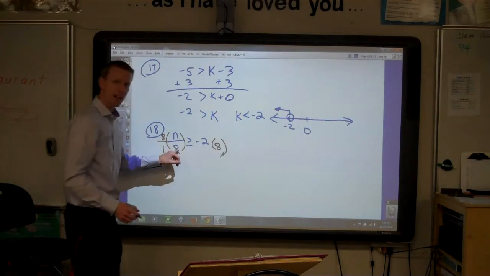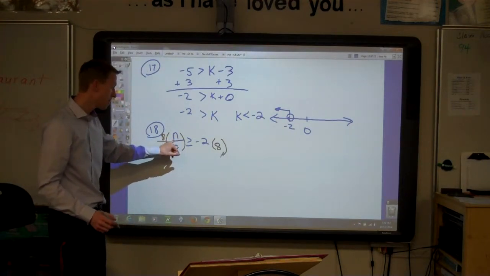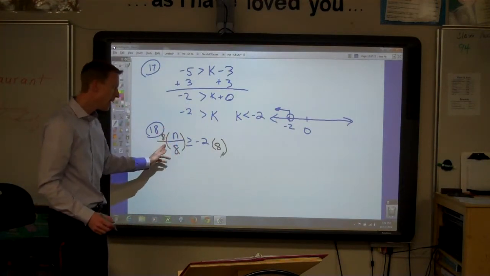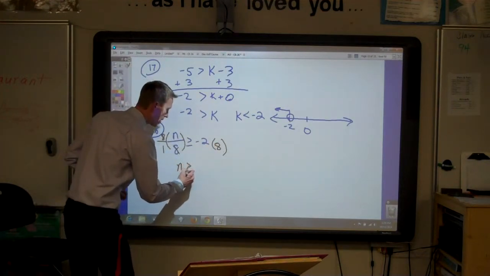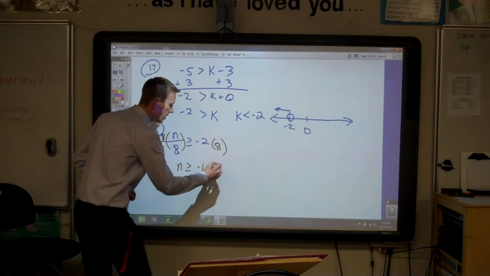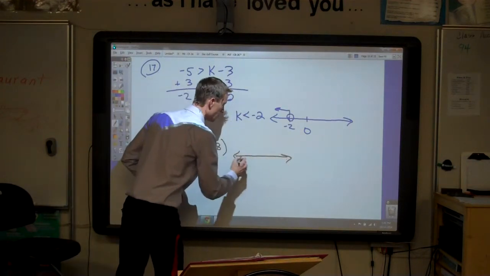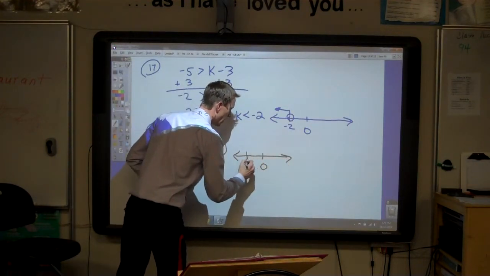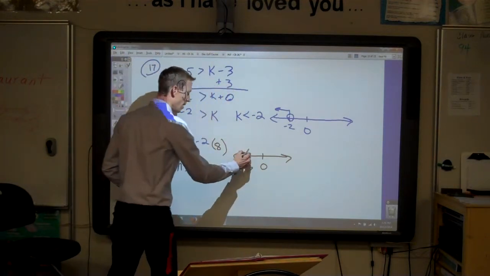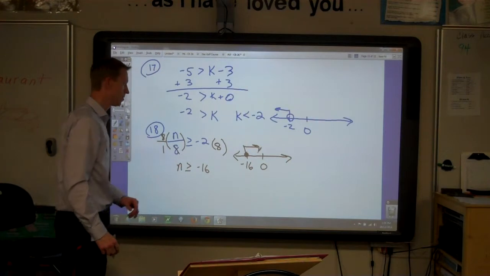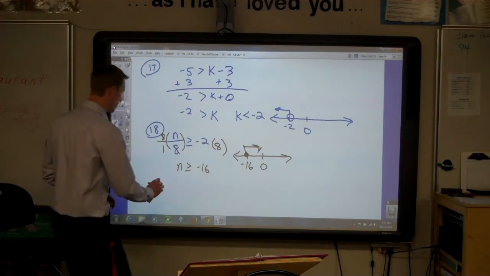Do we need to switch the sign? No, because this is positive. If we were multiplying by negative 8, then we'd have to switch the sign. This is n is greater than or equal to negative 16. Mark 0, mark negative 16, solid dot, and arrow to the right.